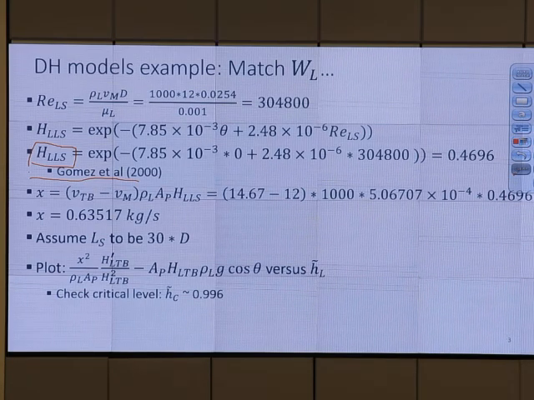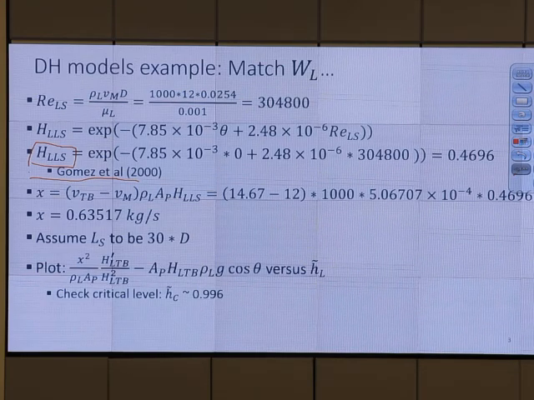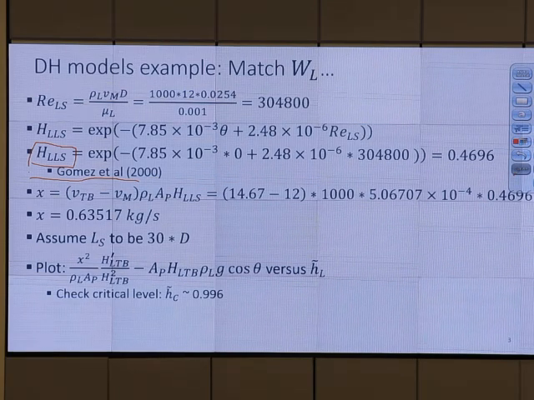Okay, open the book and tell me. 0.5? I don't think so. 0.7? 0.6? Which page number is talking about 0.6? 71?